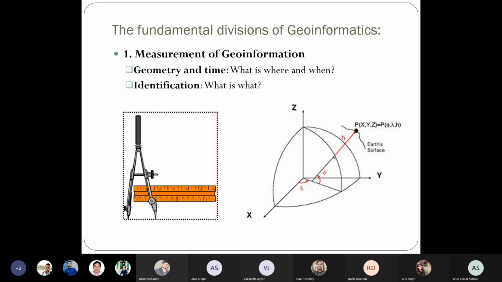There is a requirement of GPS signals for the tracking. So the measurement of geo information, just as I discussed before, is required for the applications to execute. The geo information is the identification of the objects, where they are. What are the other details? What are the shape and size of the object? How can we identify them?